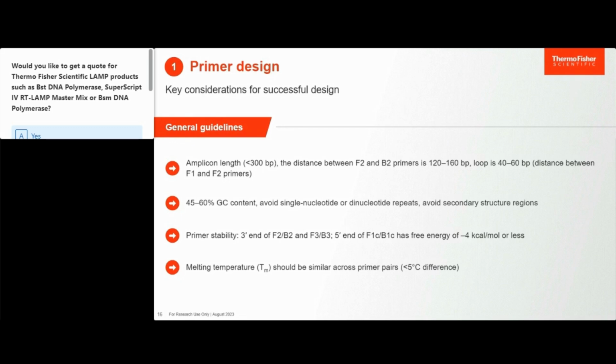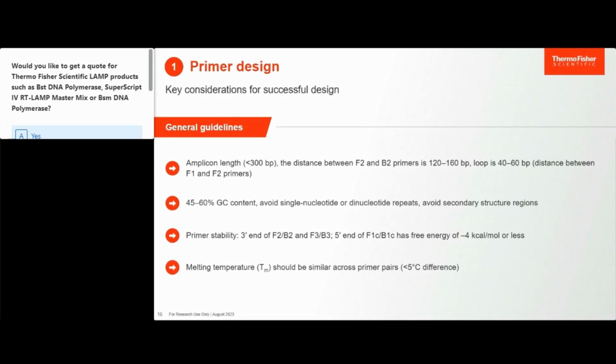Designing primers to produce a resultant amplicon size of less than 300 base pairs enables good sensitivity and reaction speed. In principle, amplicons exceeding 500 base pairs can be obtained too, but these long amplicons can result in poor sensitivity and long reaction time.